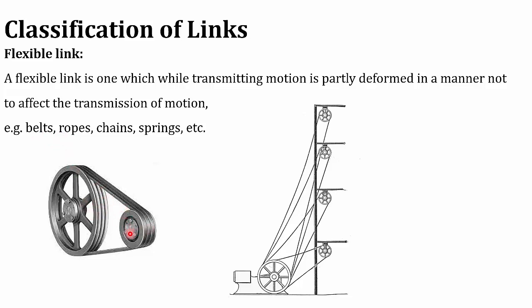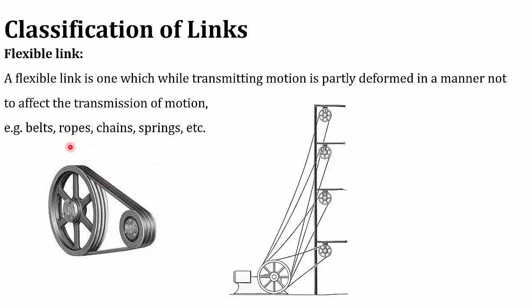The power and motion is transmitted from one pulley to another pulley. During that time, the belt is used to transmit the motion. Actually the belt is a flexible member. It will move up and down and it will bend. But while transmitting the motion, the deformation of the belt will not affect the transmission.